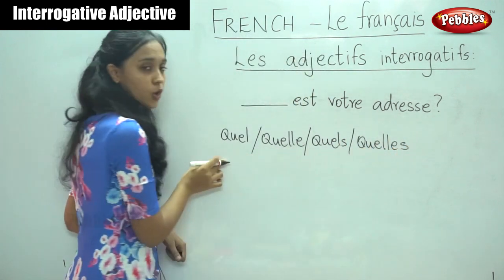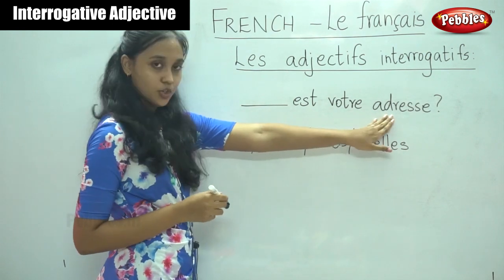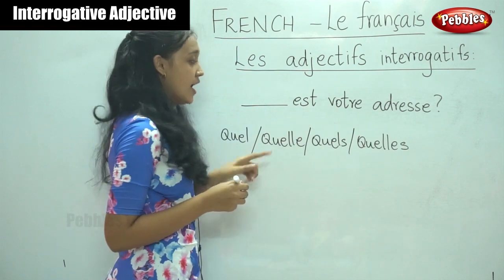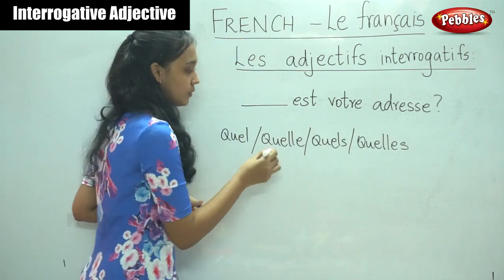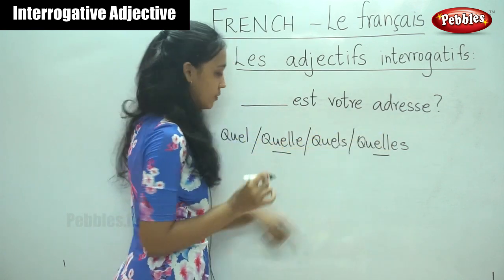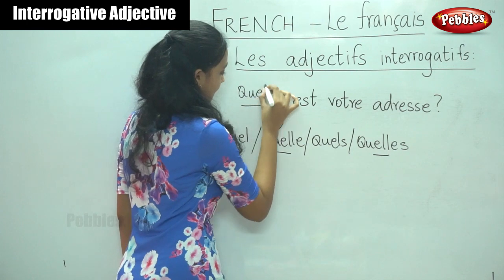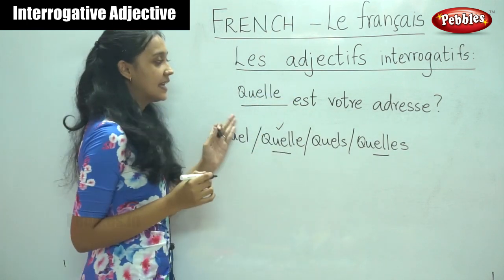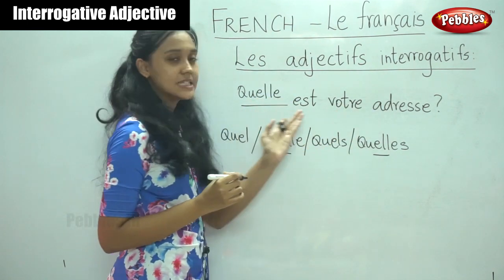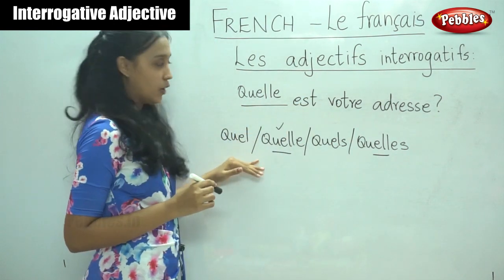So, which of the following would be used in this blank? It depends on the noun. We saw that the noun is in the feminine, so we will use either this or this. It is in the singular form. So this is the right answer. So, quelle est votre adresse? What is your address or which is your address? So, I hope you are clear.